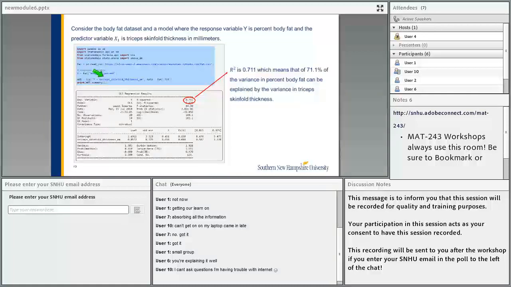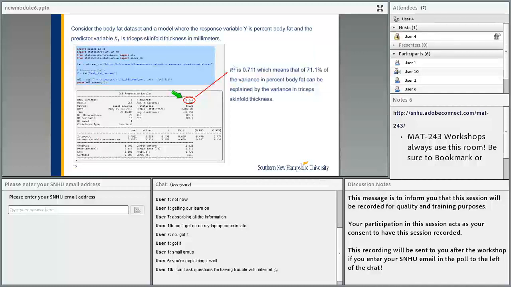And then we use the OLS function. So here y is mapped to just one variable. And then we do summary. When you do model.summary, we get the big output where the value that we are concerned with right now is the R squared. So 0.711, or in other words, 71.1% of the variance in percent body fat can be explained by the variance in triceps skin fold thickness.